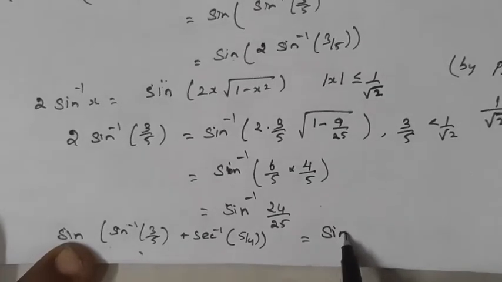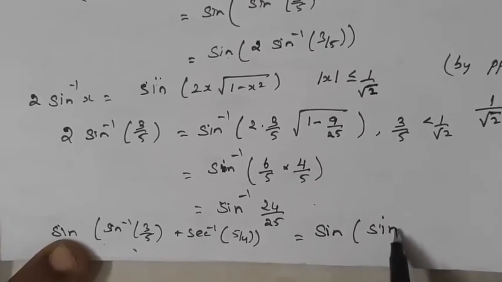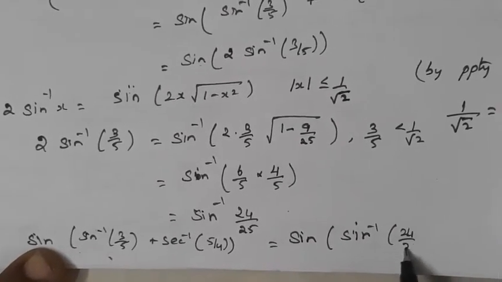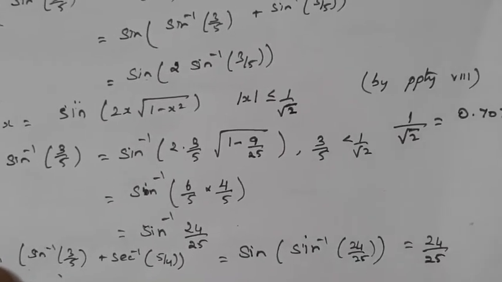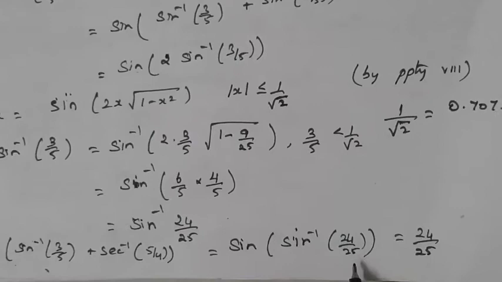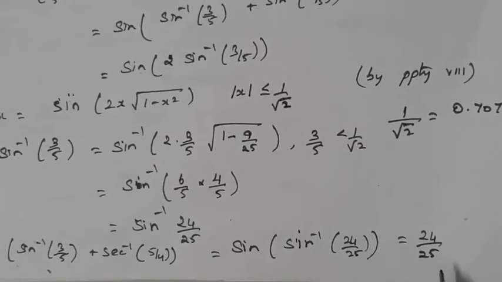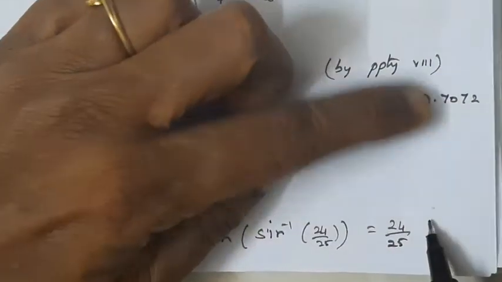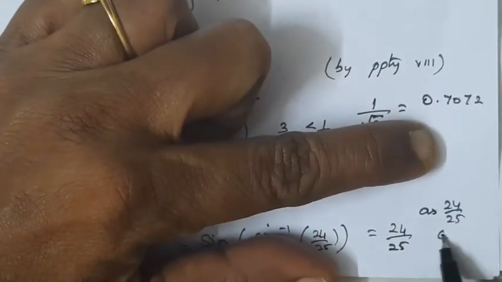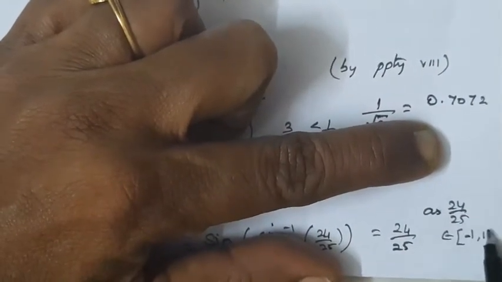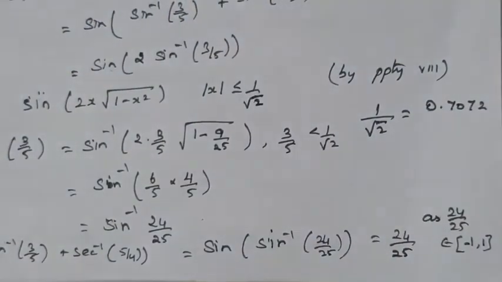Therefore, sine inverse of 24 by 25, which is equal to 24 by 25, as 24 by 25 belongs to the closed interval minus 1 comma 1.